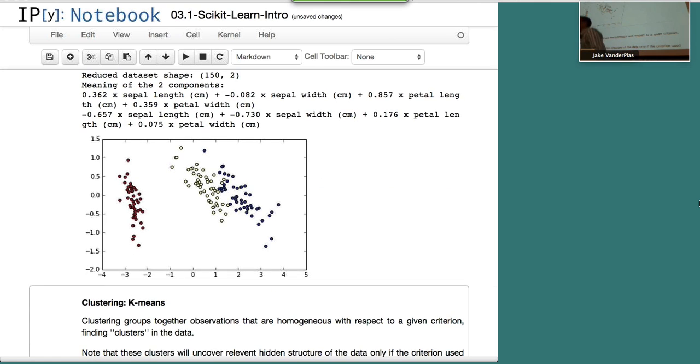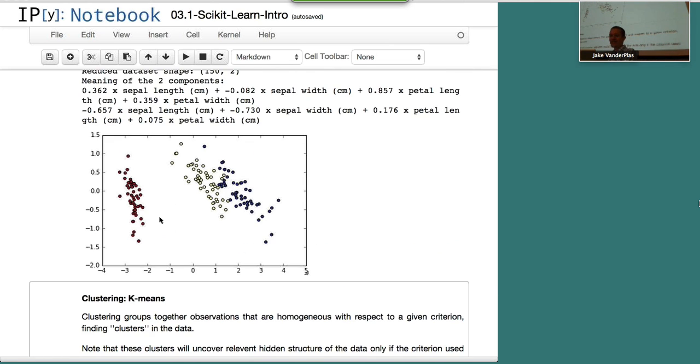And the cool thing here is that given just the data itself, our PCA learned a projection that actually has some pretty good information about the species, right? So this tells us that something fundamental in the data is related to those species labels, which tells you that the botanists that decided on these species labels actually probably knew something, right? Actually knew what was going on. Anyway, so that's a dimensionality reduction one.